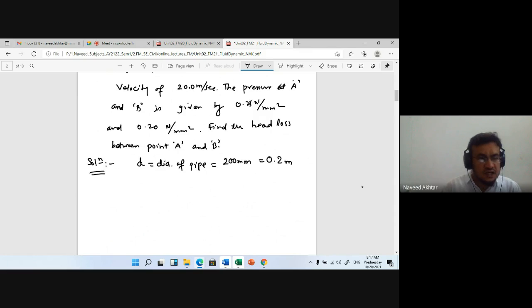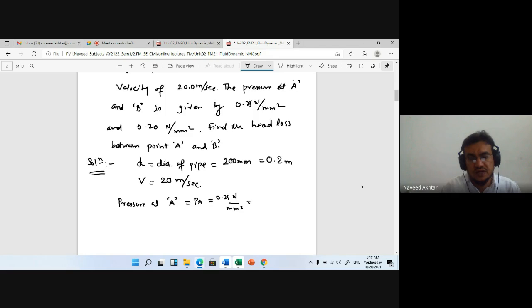Okay, velocity V is also given, that is 20 meter per second, and pressure at A, PA, is given, that is 0.25 Newton per mm square.